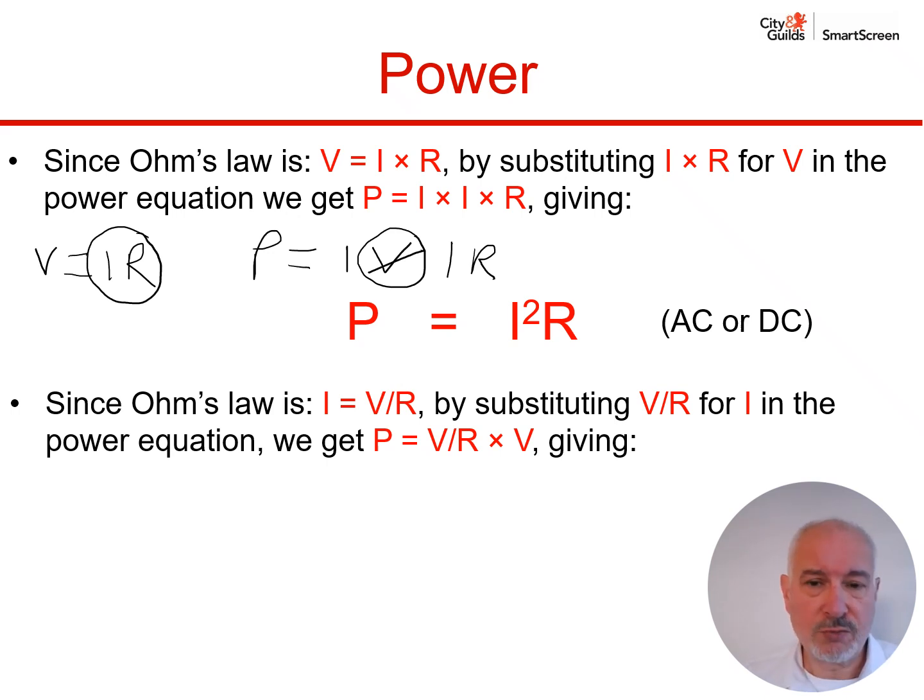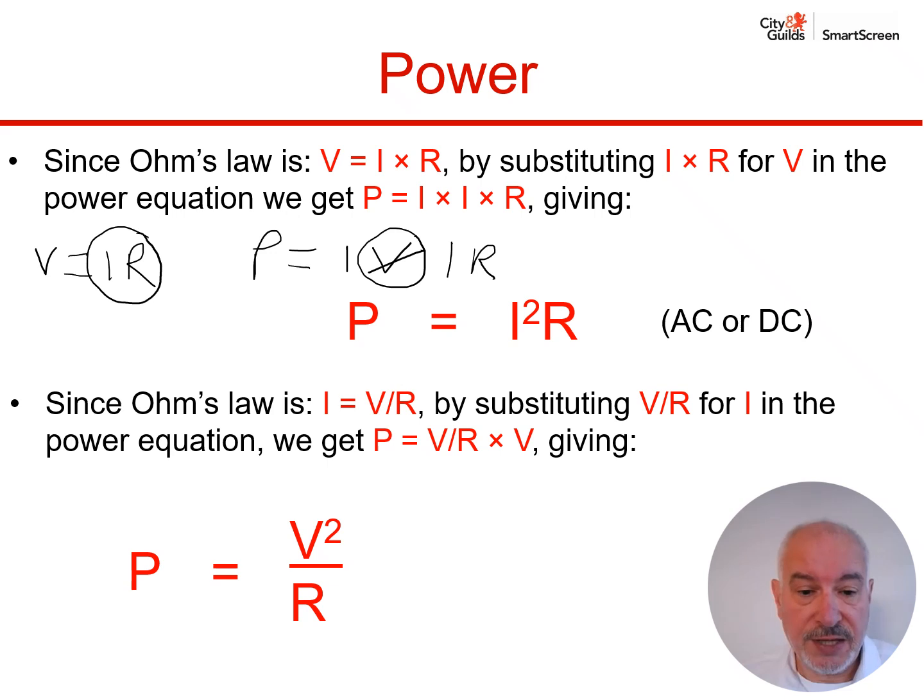In this case we're using Ohm's law, but we're using the format of Ohm's law where I is the subject, so I equals V over R. Still Ohm's law, but I equals V over R. And by substituting the V over R for I in the power equation, we get P equals V over R times V, which is written as P equals V squared over R, and that also applies in both AC and DC circuits.